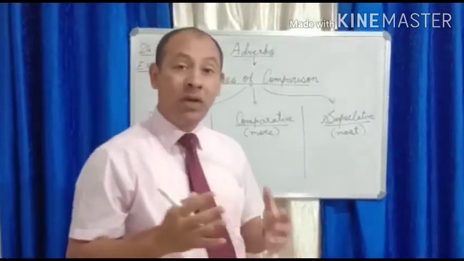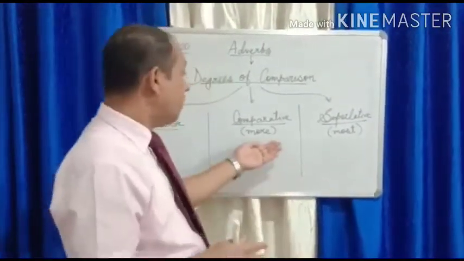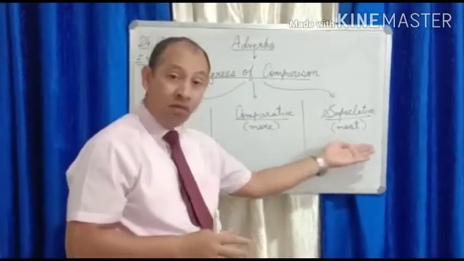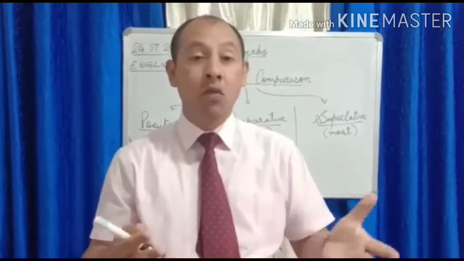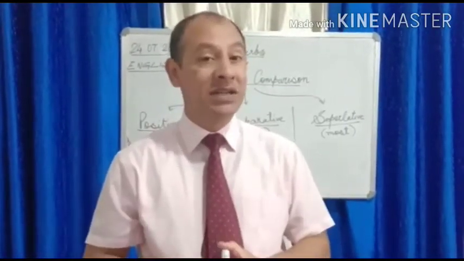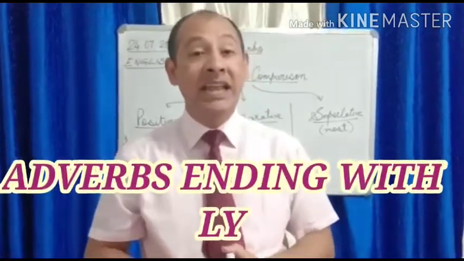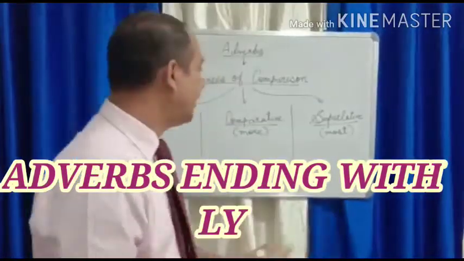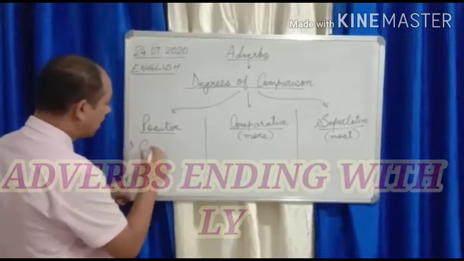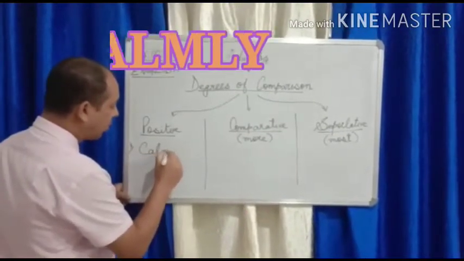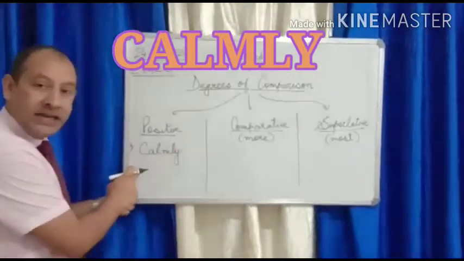Now we're going to add more and most in front of adverbs which have more than one syllable, maybe two or more syllables, adverbs that are ending in ly. So if you see the first example, let's say we take calmly, right?